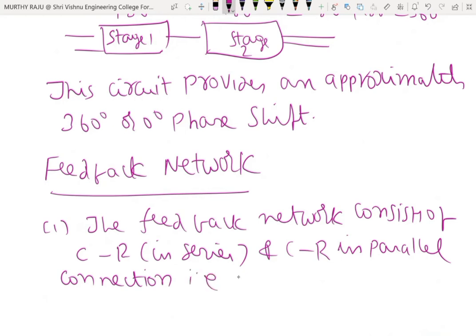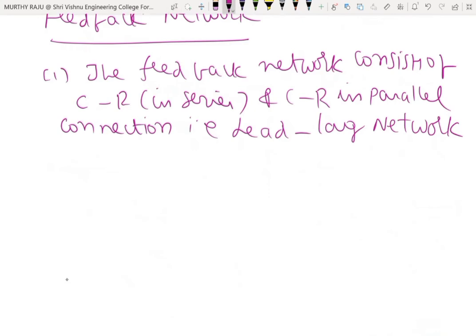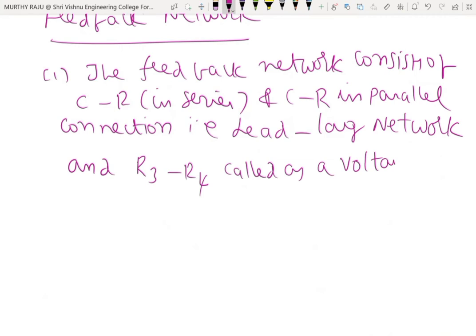That is the lead lag network. And R3, R4 are called a voltage divider network. Voltage divider, that's it.